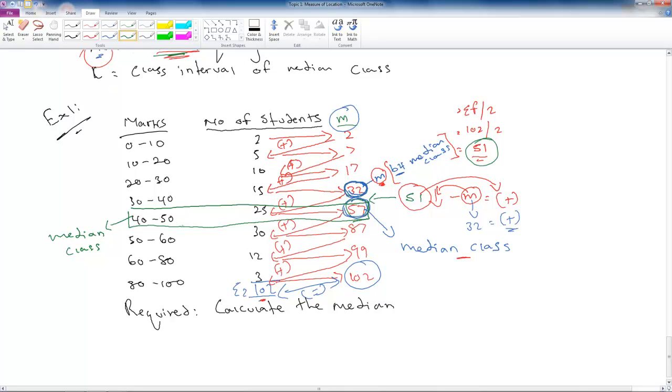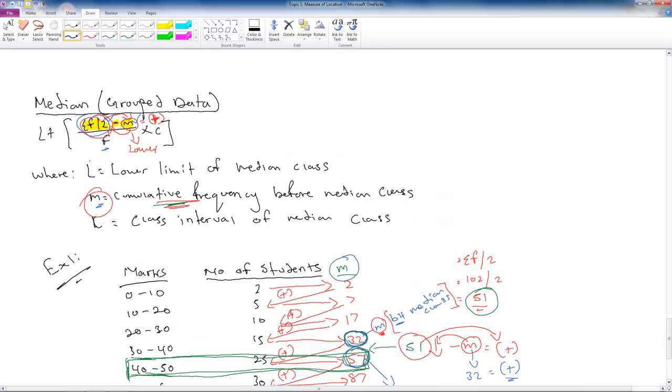Yes, this whole row becomes your median class. So now, if you look at the formula, we still have the F, C and the L left.